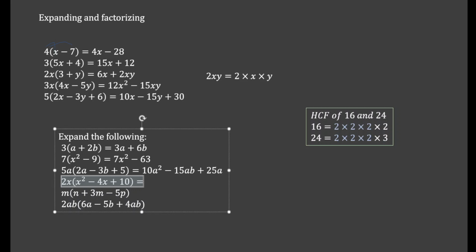But wait, if you got 2x squared minus 8x squared, could you combine those like terms? Oh yeah. Right. But don't, because that wouldn't be correct. 2x multiplied by x squared would give you what?